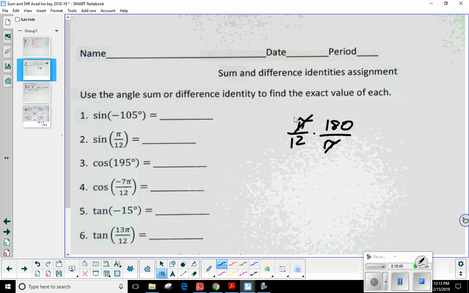And in fact, we saw this yesterday, 15. 12 will go into itself once, but 180 divided by 12 is 15. So this is just sine of 15 degrees. Okay. So don't worry if it has a radian measure. Just convert it to degrees. Okay. All right. So which one?